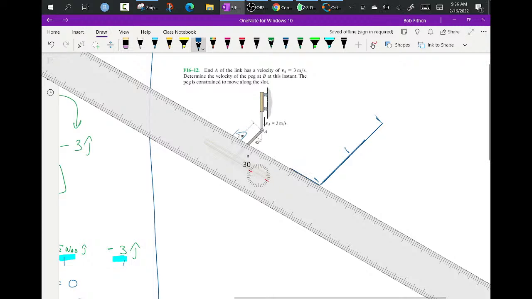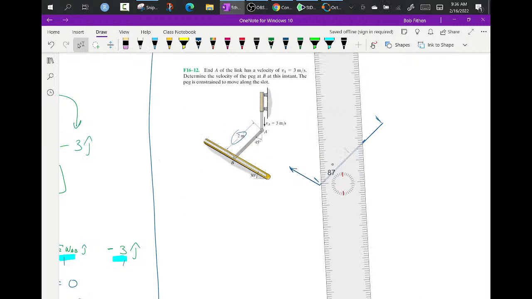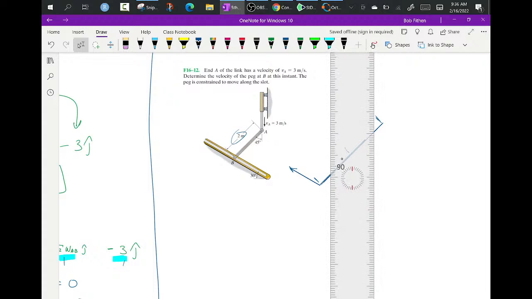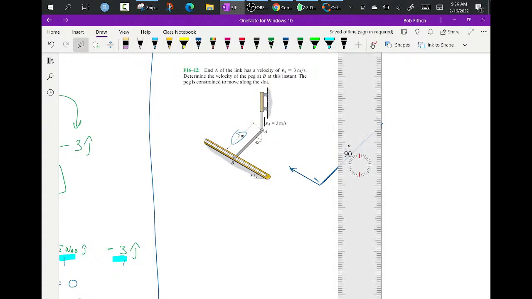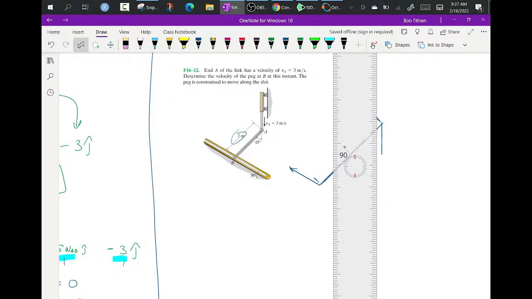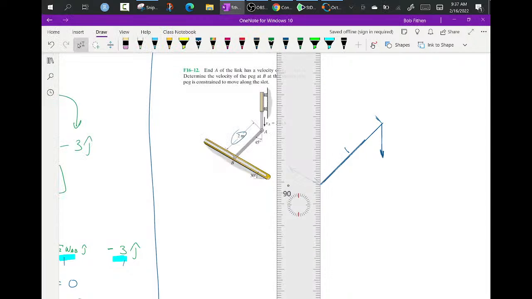I'm going to assume it's going this way. Okay. So the other thing is the velocity from this end is going down. So let's introduce ourselves to instant center in order to check this.